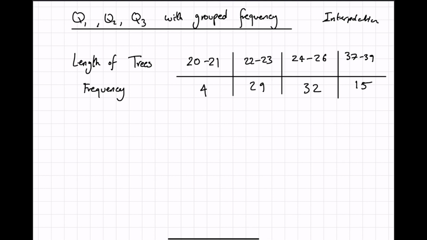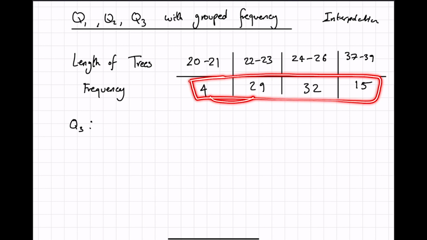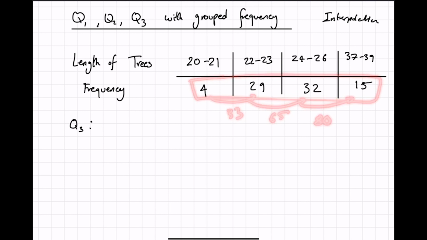So to find Q3, the usual way, first thing we needed to know was the frequency. So we add up all these frequencies together. So 4 plus 29 is 33, 33 plus 32 is 65, 65 plus 15 is 80. Okay, so that's quite nice. We've got a nice round number there.